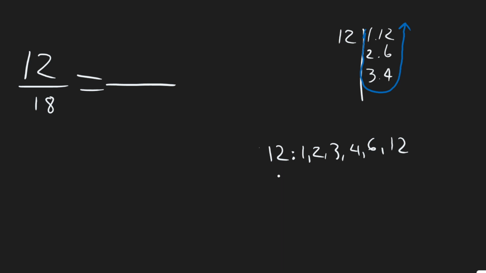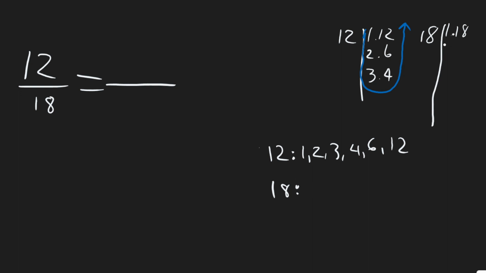That's for 12. Okay, let's go for 18 now. The factors of 18: this is 1 and 18.